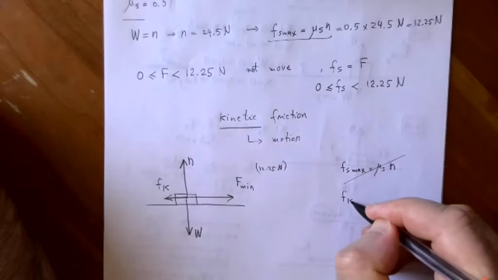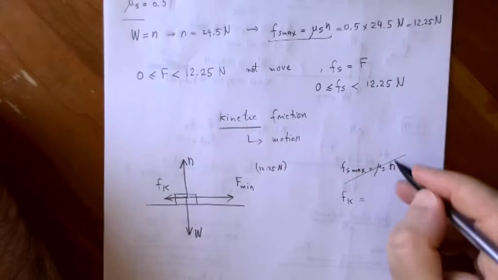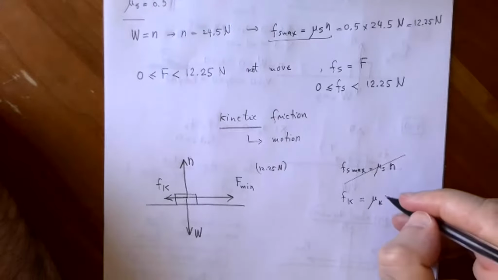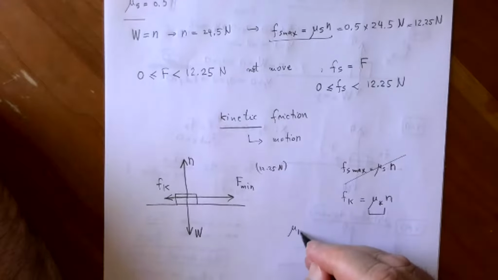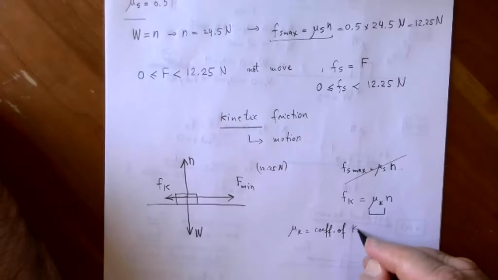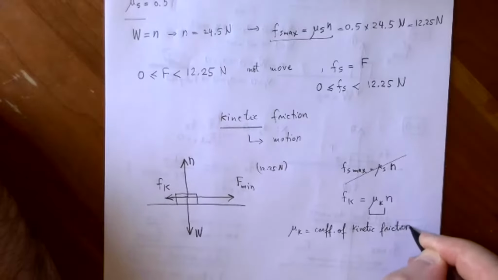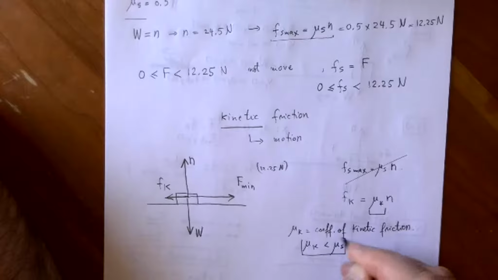Its place was taken by a kinetic friction, which has the same expression as the maximum static friction, but a different coefficient. A coefficient called coefficient of kinetic friction. And in general, this is smaller than mu s.